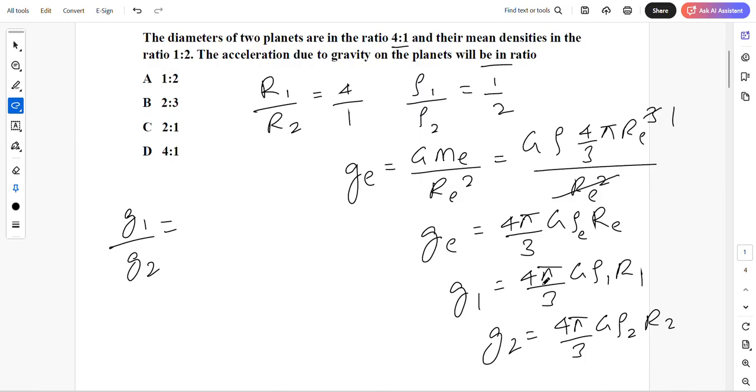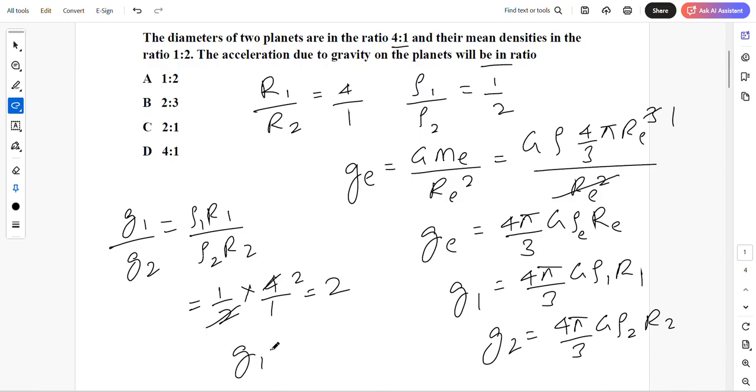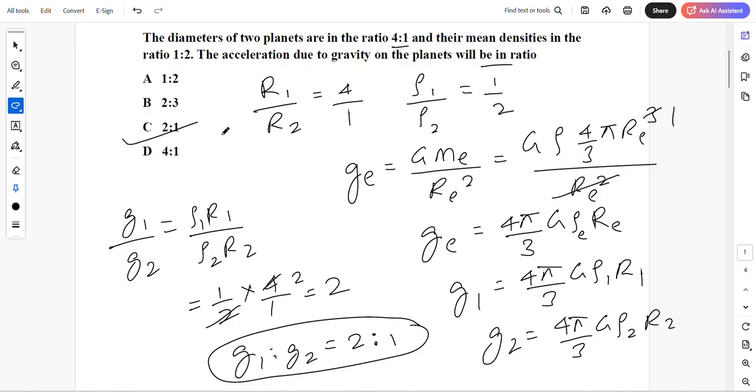G1 by G2 will be, 4 pi by 3 G gets cancelled, rho 1 R1 divided by rho 2 R2. How much is rho 1 by rho 2? That is 1 by 2, into R1 by R2, which is 4 by 1. That is equal to 2. I can write G1 is to G2 is equal to 2 is to 1 is the right answer.